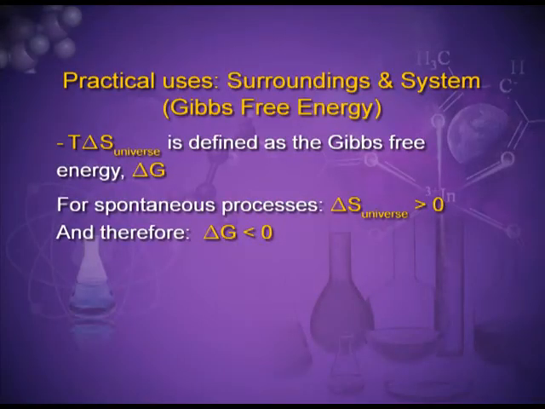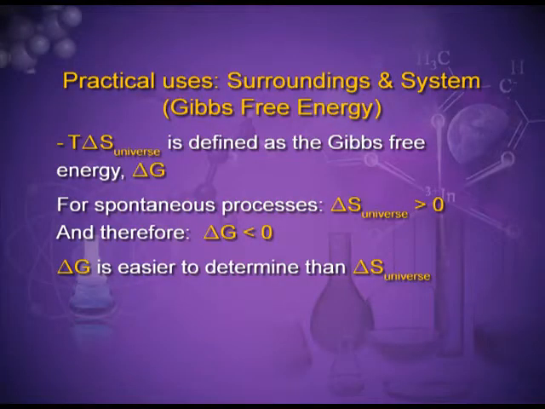We have earlier studied that for a spontaneous process, the total delta S should be greater than 0. But for a spontaneous process, Gibbs energy delta G should be less than 0. That is, its value should be negative. Delta G is easier to determine than delta S of the universe.